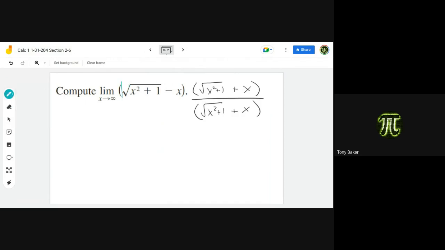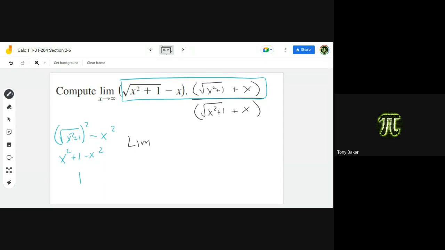So let's just look at the top and figure out what that's going to equal. I have the square root of x squared plus 1, squared, and then I have minus x squared, because conjugates make the difference of squares. So the middle term cancels out, so I don't have to worry about that. So I have x squared plus 1 minus x squared, which equals 1.